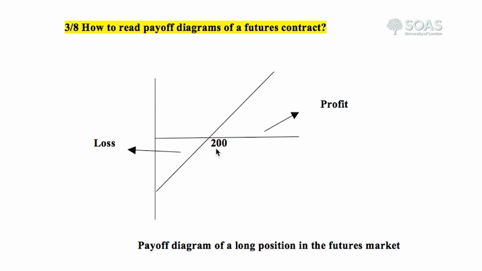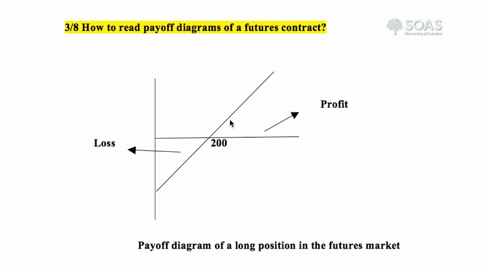So this diagram shows that an investor bought a futures contract at the price of 200. If you buy a futures contract, that means sometime in the future you need to close this contract by selling them. Therefore, you see the line here shows that when the market price of the futures contract is above the price that is written on the futures contract, then the investor is making some profit.